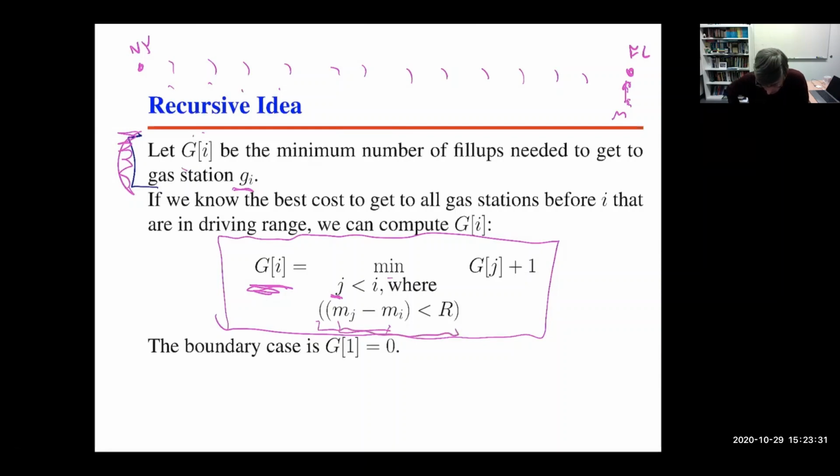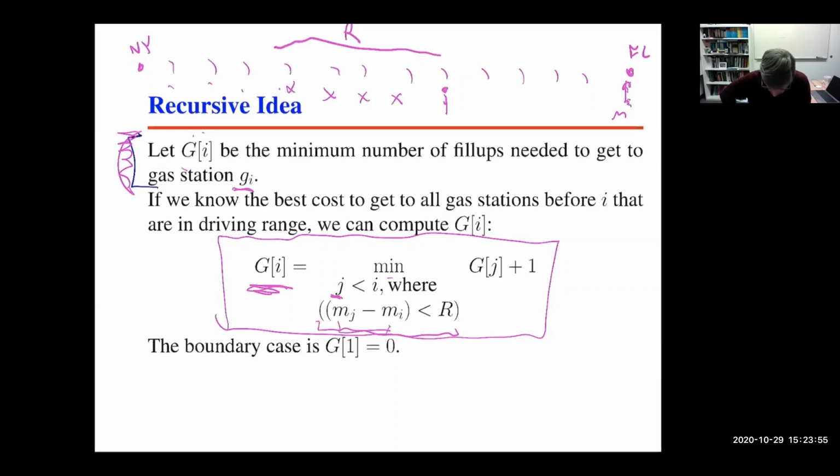This says, let's try all stations J before station I that are within a distance of R of I. Does everybody see that? These are the possible previous stations.